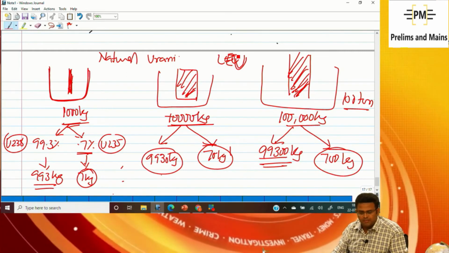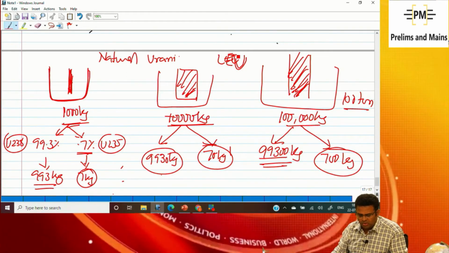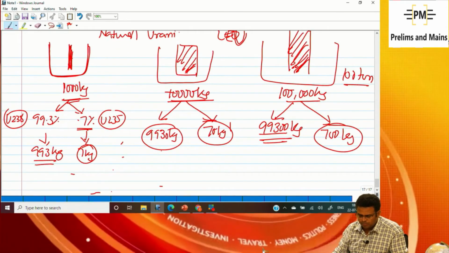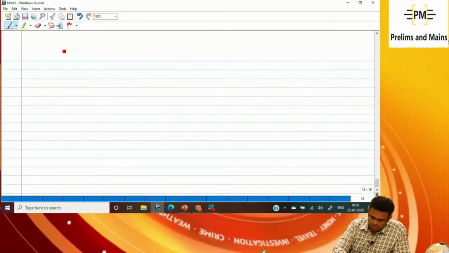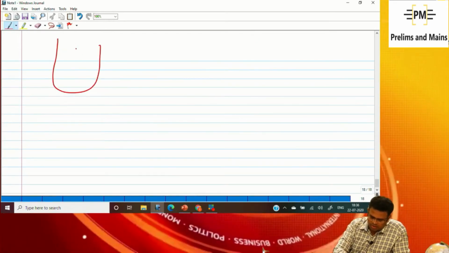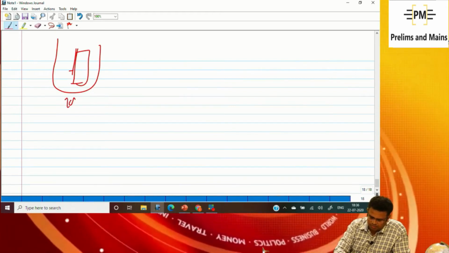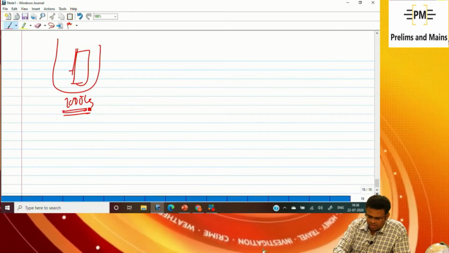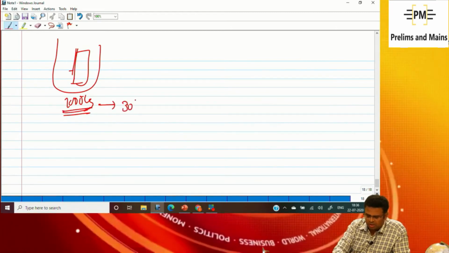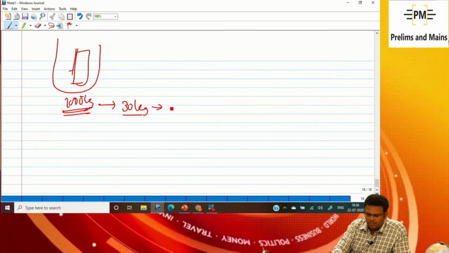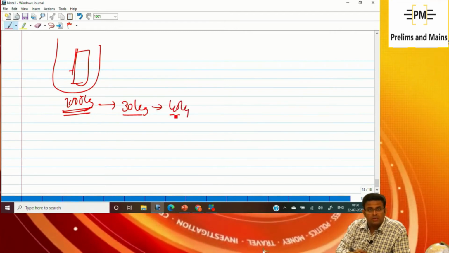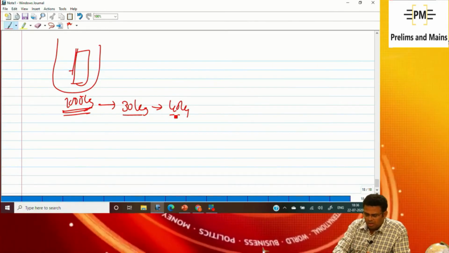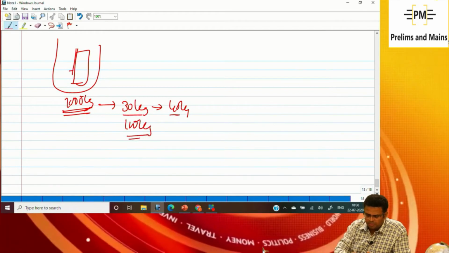If I am talking about 3% of 1000 kg of uranium, how much will 3% be? 30 kg. 4% will be 40 kg, yes or no? So this way it is 30-40 kg or maybe 100 kg, clear?